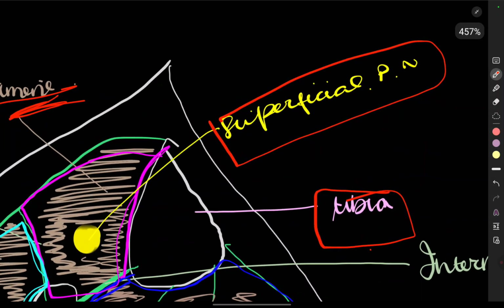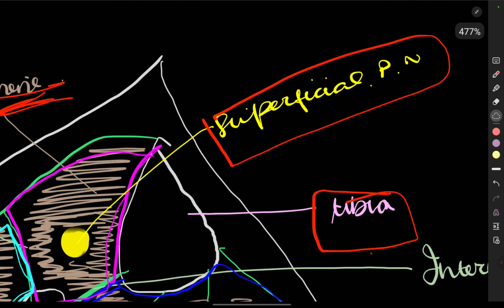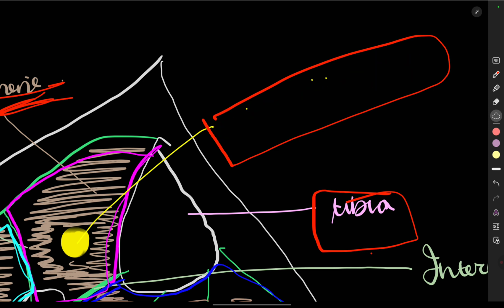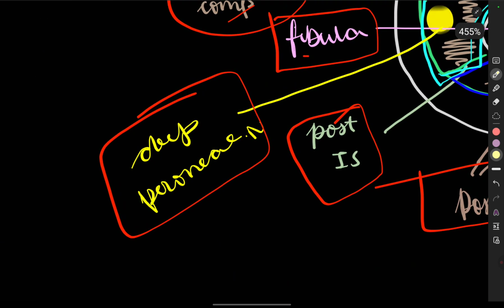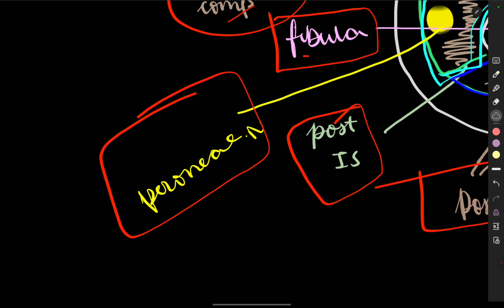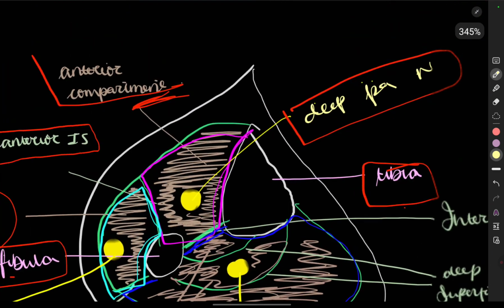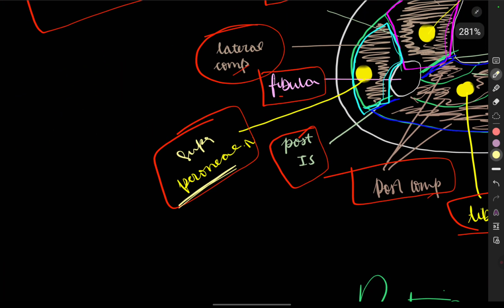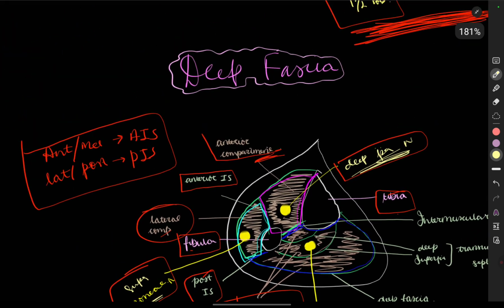One important correction that I would like to make: for the anterior compartment this should be the deep peroneal nerve, and for the lateral this should be the superficial peroneal nerve. So this is about the deep fascia.